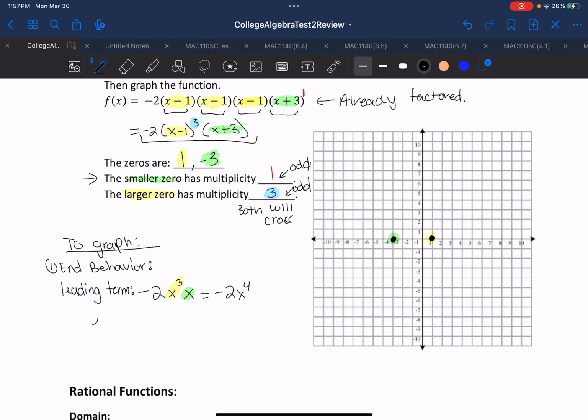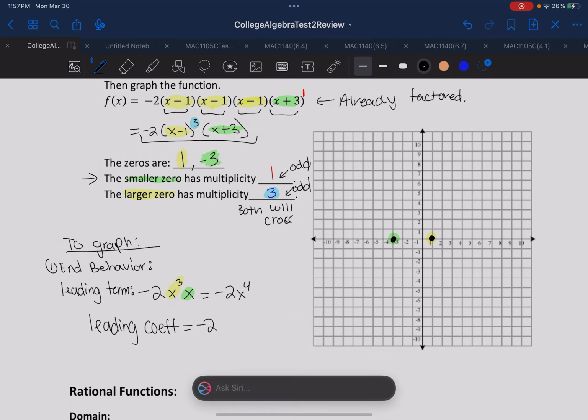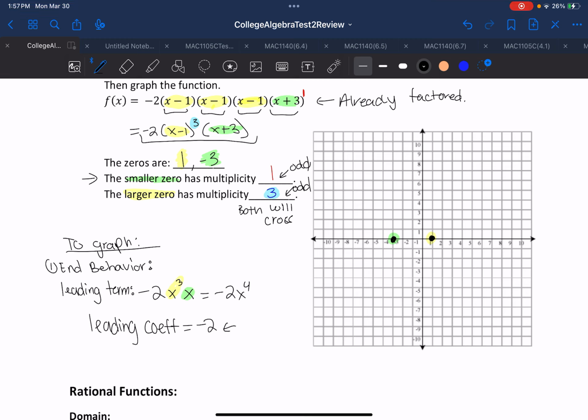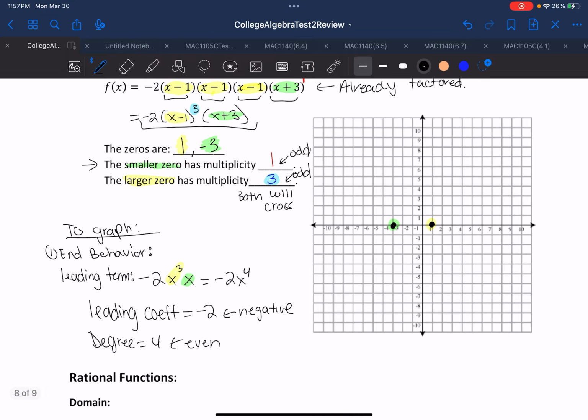So my leading coefficient is negative 2, which is negative. And my degree is 4, which is even. So my end behavior is doing the same thing since the degree is even, and they're both pointing down because the leading coefficient is negative.